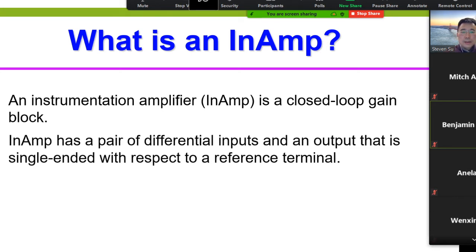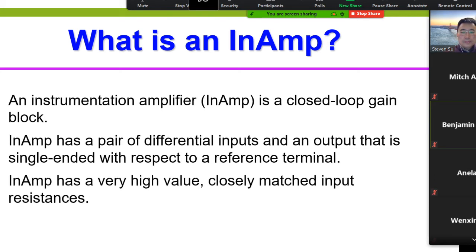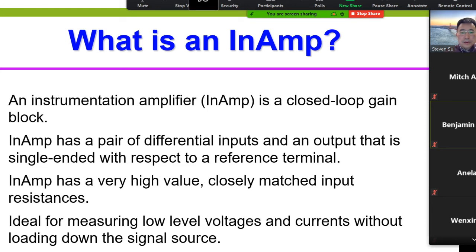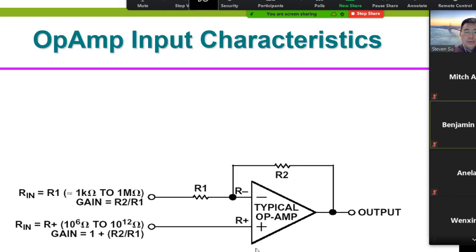It's a very powerful differential amplifier, very good for measuring very low level voltage. So if you want to build an EEG, ECG or EMG, you'd better use an instrumentation amplifier circuit.